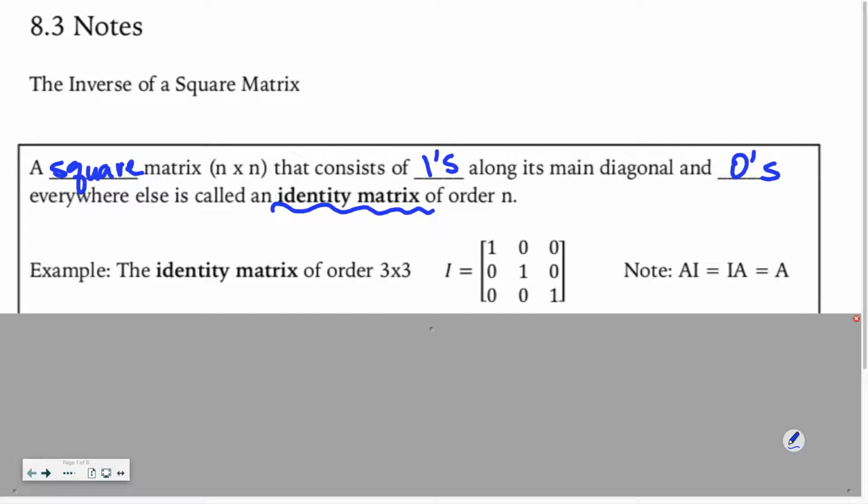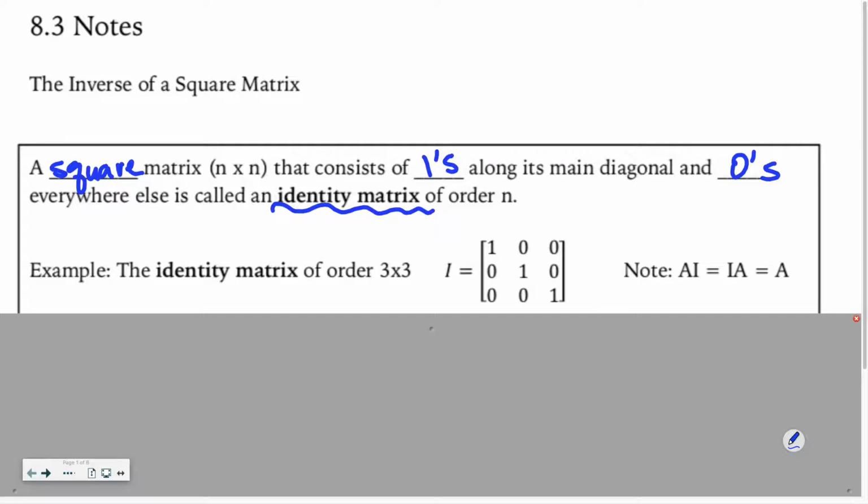I want you to flash back to, I don't know if this is 5th or 6th grade math or 7th or 8th grade. I don't really know where they teach this anymore because things have changed a lot. But you talk about 0 and 1 being important numbers when you talk about multiplication and addition, right? The number 1 is the multiplicative identity. Why do we call 1 the multiplicative identity?